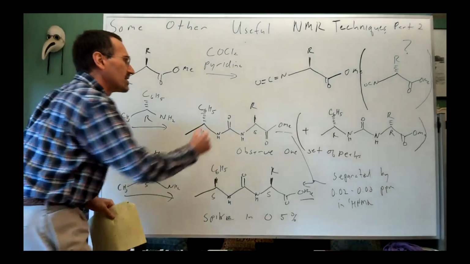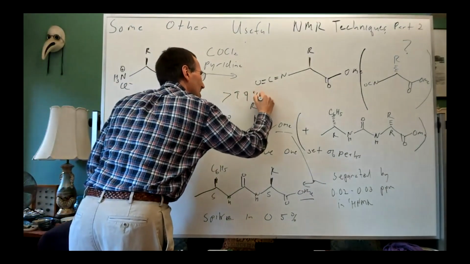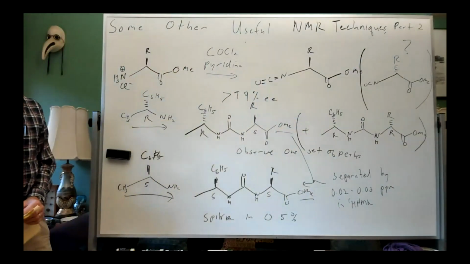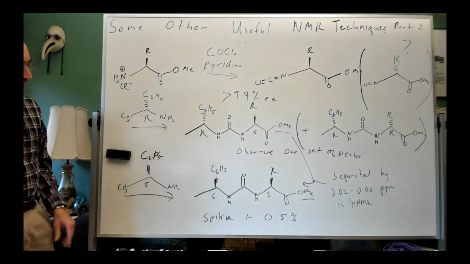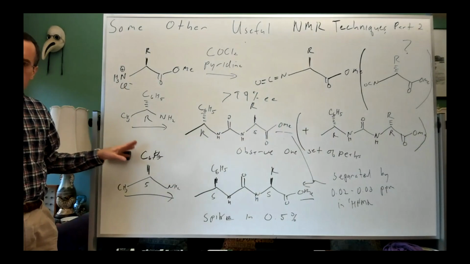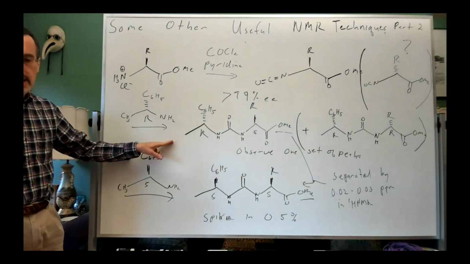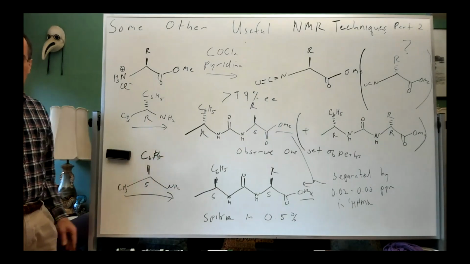So that told us that we were greater than 99% EE. So that's a nice example, or at least from my perspective, of use of a chiral derivatizing agent to establish the enantiomeric purity of your compound.